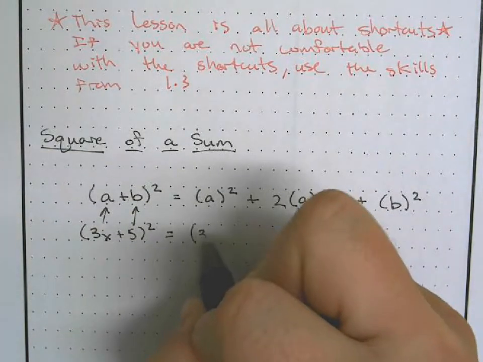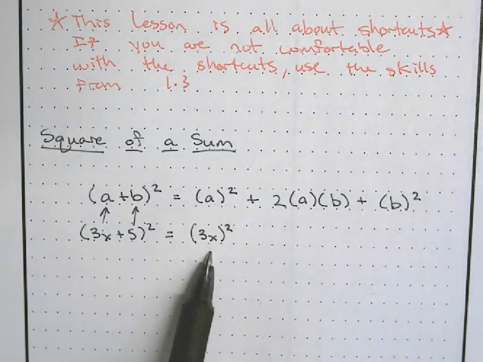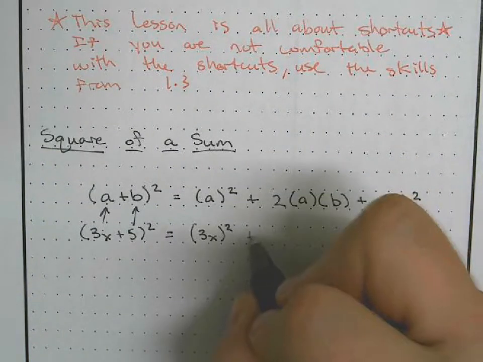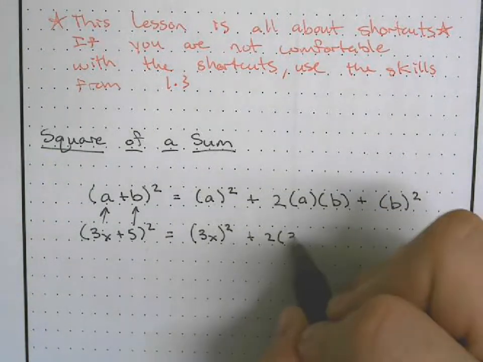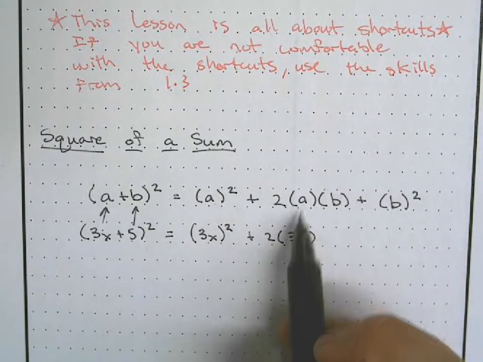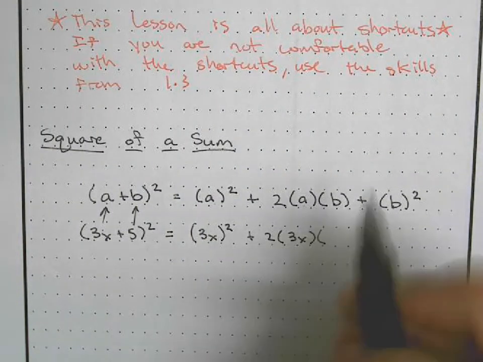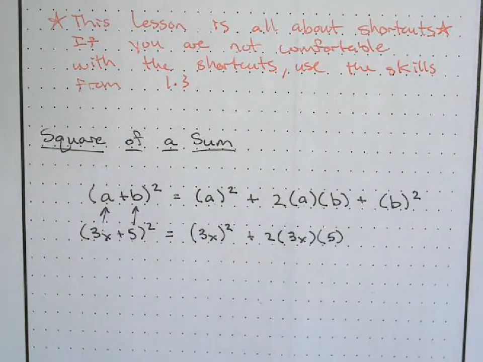So I have 3x squared, here I am plugging in for the a term, plus 2 times 3x. There's my a term plugging in again. Now I plug in my b term, which is 5.